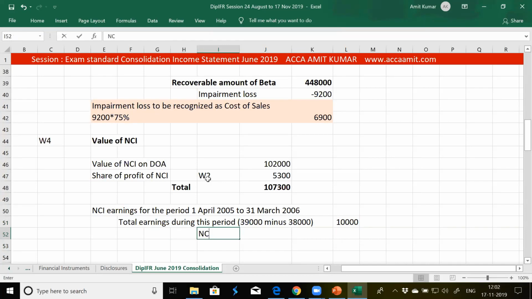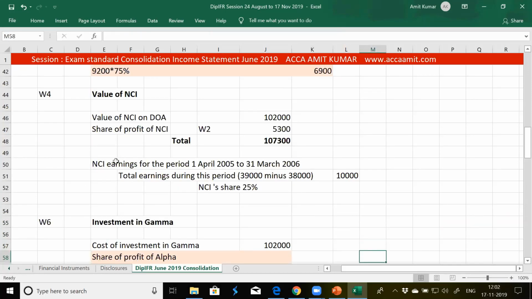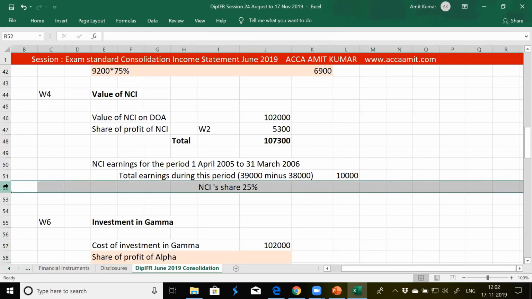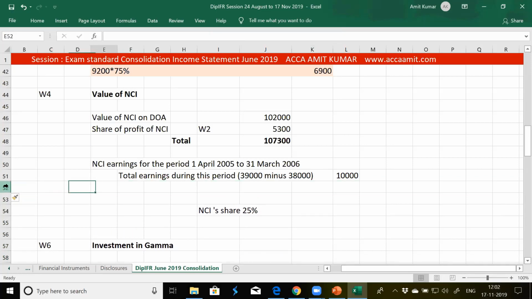NCI share in it is 25%. Now individually, this required a deferred tax adjustment as well on the increase in value.